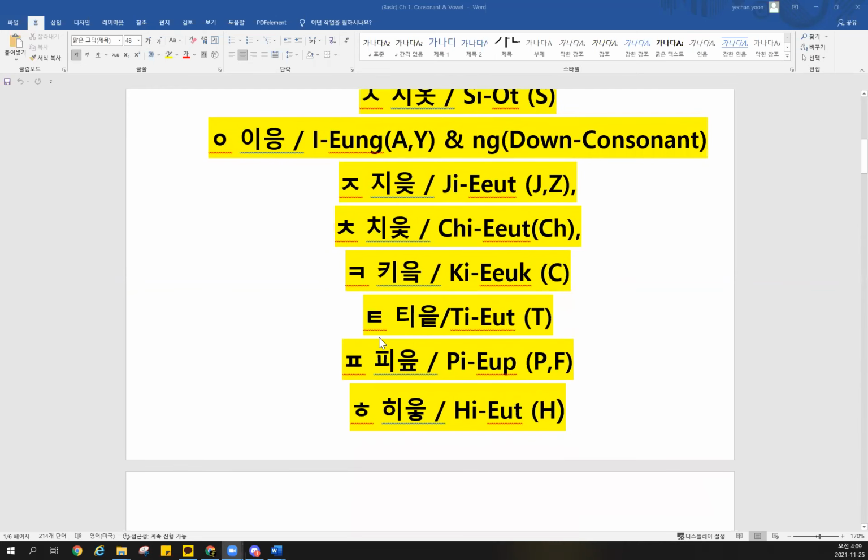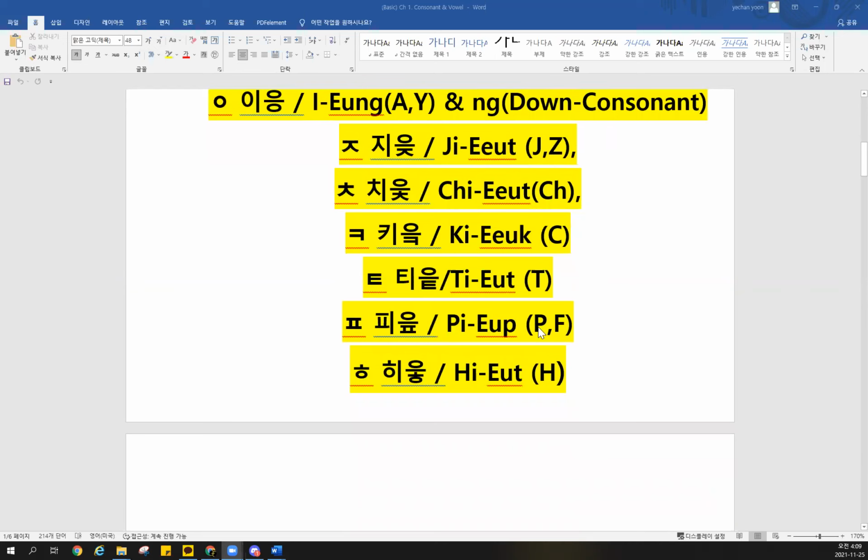Next one, 티읕. Sounds like T. You can write it with T. Next one, 피읖. Sounds like P. As I told you, we don't have an F sound because we don't have a strong sound.